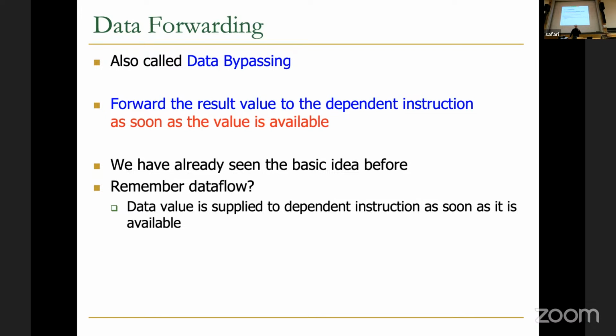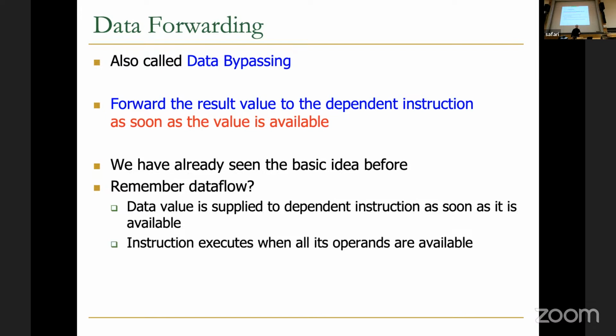Once we produce the output, which is not after write back, the output can be available after the ALU, after the execution stage. So when you have the result, you want to communicate that result to the next, dependent instructions, such that they can also proceed and be executed. So that's the idea for data forwarding.